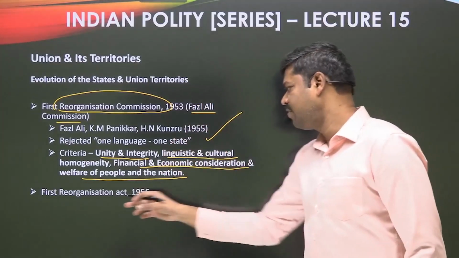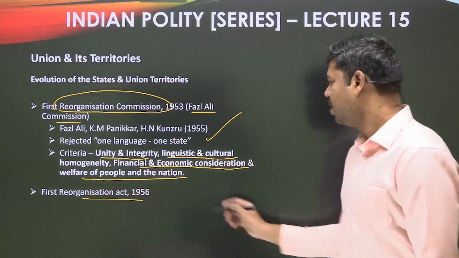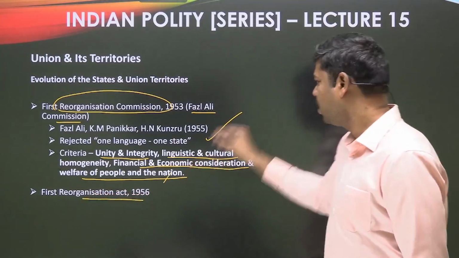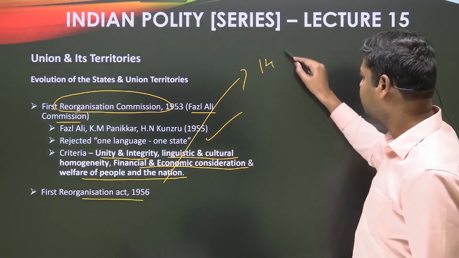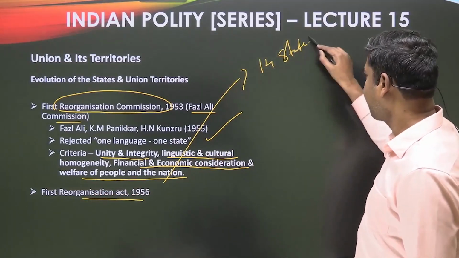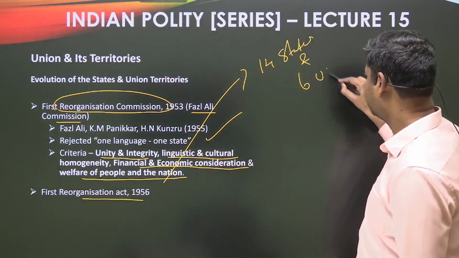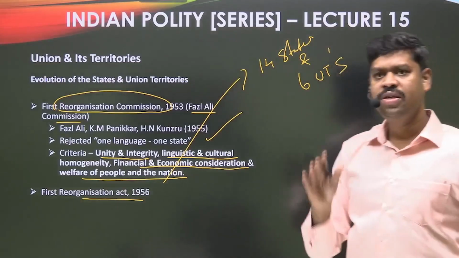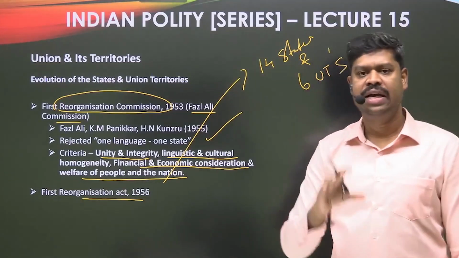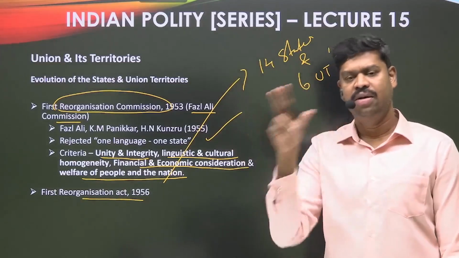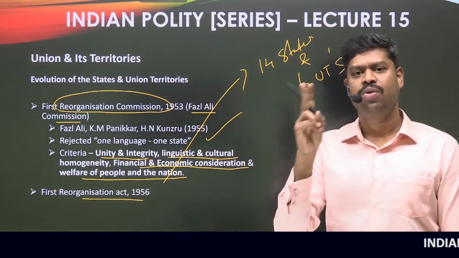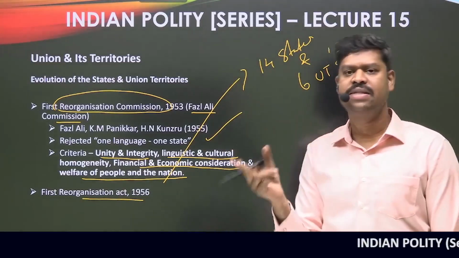So based on the first Reorganization Act, India was divided into 14 states and 6 union territories. So this was how India was there in terms of the number of units. It was there as 14 states and 6 union territories.